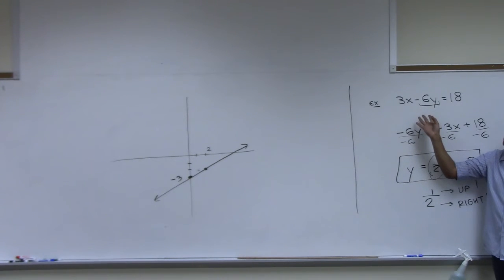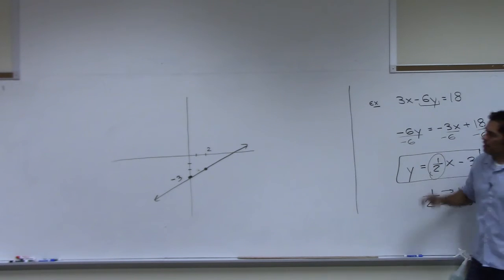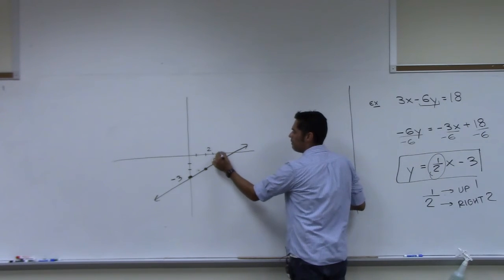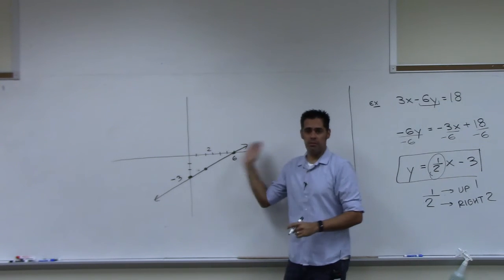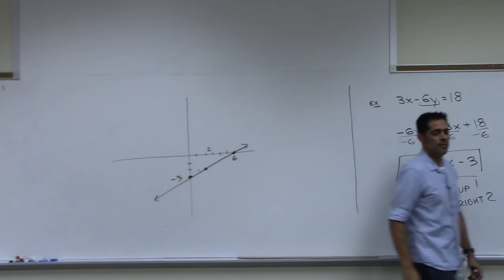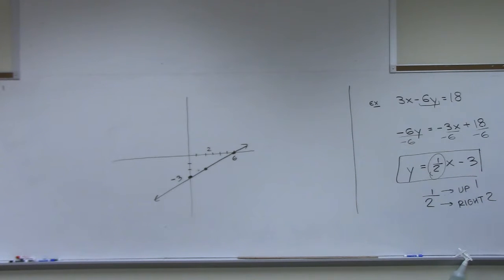Yep, it was 6, right? If I were to go out here 3, 4, 5, 6, I would hit at 6. If I draw my line real good, it should go through that point. So slope-intercept form is very convenient for graphing. A lot of times, from here on out, we're going to be working with them when they're already given to us in this form. So we just graph.